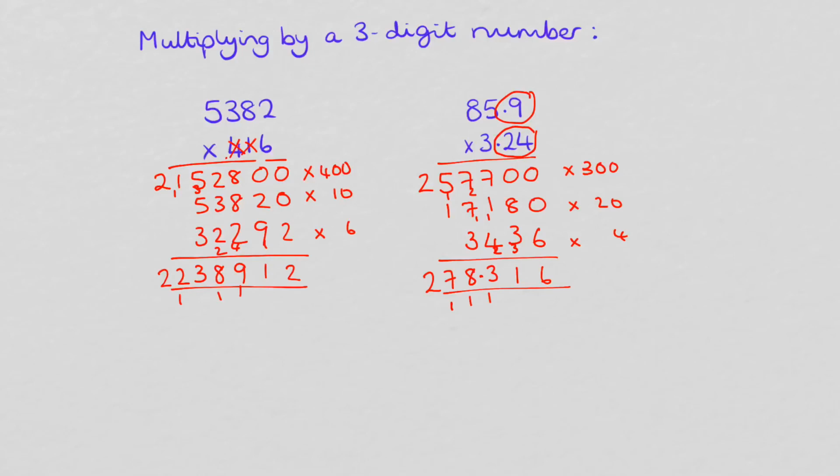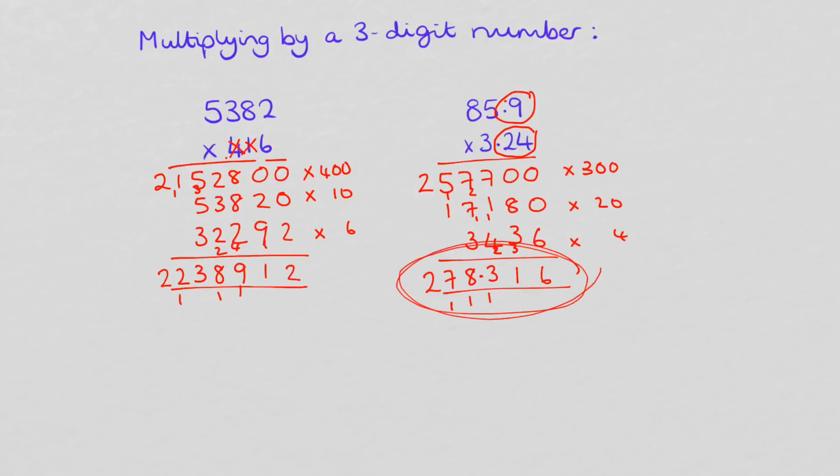Now, what you should always do when you're doing any kind of a calculation, really, is pay attention to whether your answer makes sense or not. So, for example, this one, we've got 80 odd times 3 and a bit, okay? 80 times 3 is 240, okay? So, what we've got here is your answer needs to be in the region of 240.